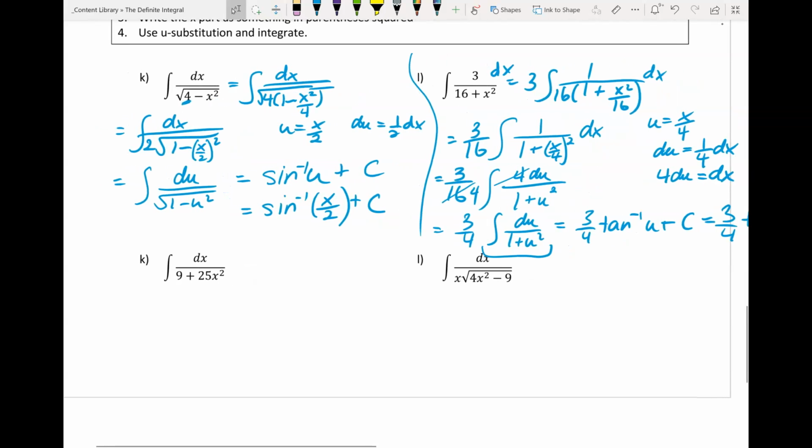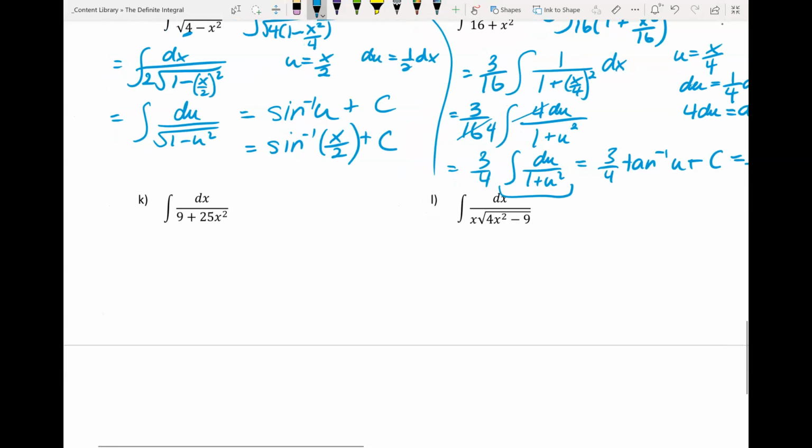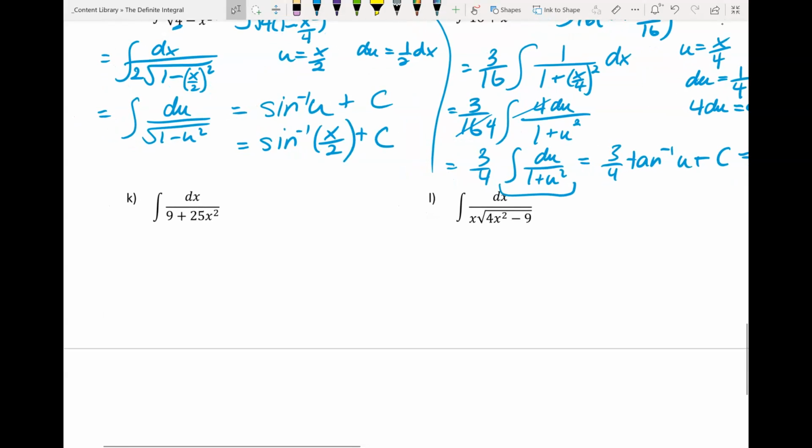For K and L, it's going to be a little squishy. I understand that. I'm running out of room, but just bear with me. Same sort of steps for K and L. I'm going to see which one this one will fall under. We don't have a square root sign, so it's probably going to be tan inverse x. We just have to do a little bit more work because we have this 25 in front of the x squared, but it's still not a big deal.